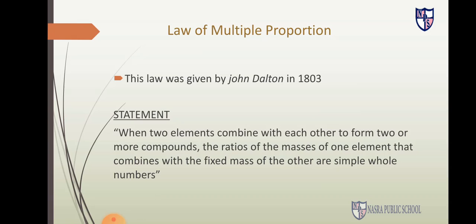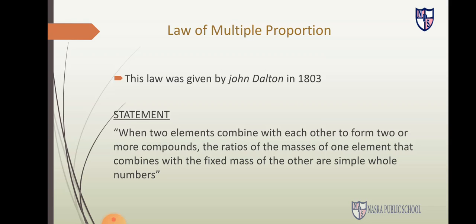Now in this law, we are going to deal with two different elements, and these two elements are going to combine with each other to form two compounds. As you already know, compounds are formed when two different elements join together. Now the most important part is that out of these two elements, the mass of one element is the same or fixed during the formation of two different compounds.